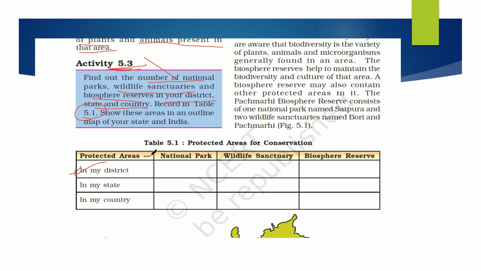If you have any national park, wildlife sanctuary or biosphere reserve in your district, state or country, just write it in your answer book, and you can also comment in my comment box from where you are and what you have. So this is your homework for today.